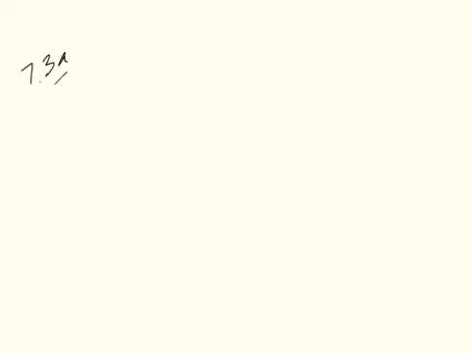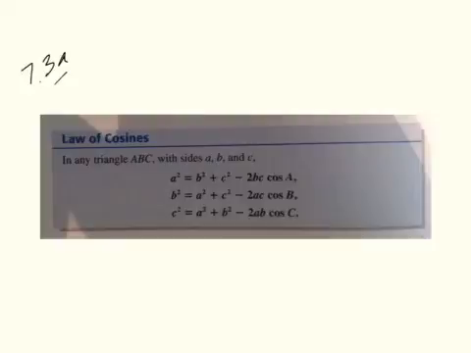So how do you determine whether or not you use the law of cosines or the law of sines? You will use the law of cosines when you are given side angle side or side side side cases. Those are the 2 cases that you will use when you are trying to find the lengths, and that's when you'll use the law of cosines. If you look in the middle of page 294, they give us the law of cosines.